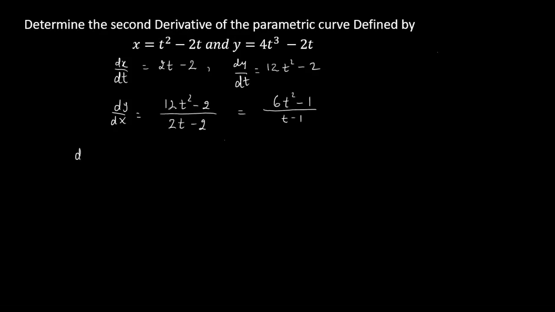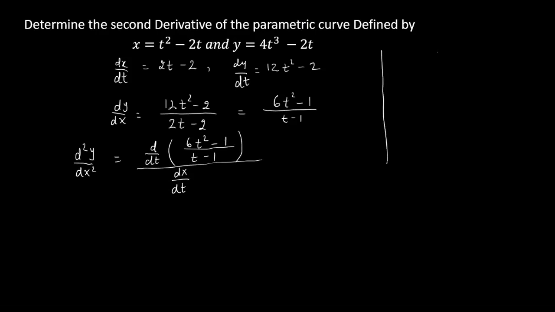Let us find the second derivative d2y over dx square, which is nothing but the derivative of dy over dx with respect to t, so 6 times t square minus 1 divided by t minus 1, divided by dx over dt.